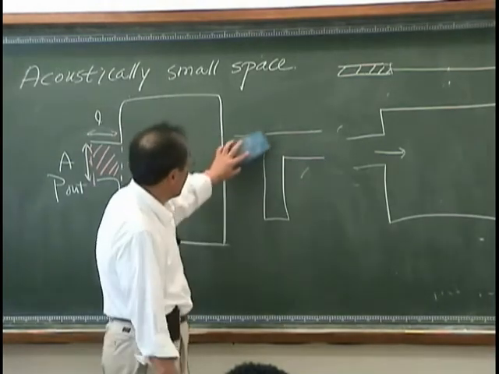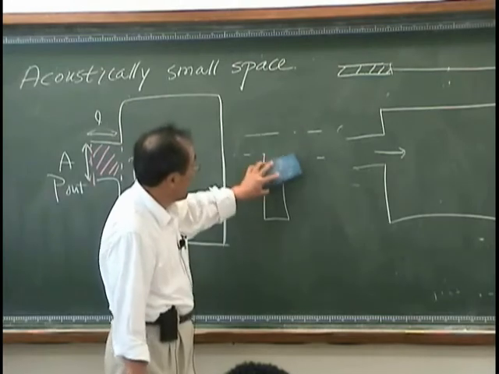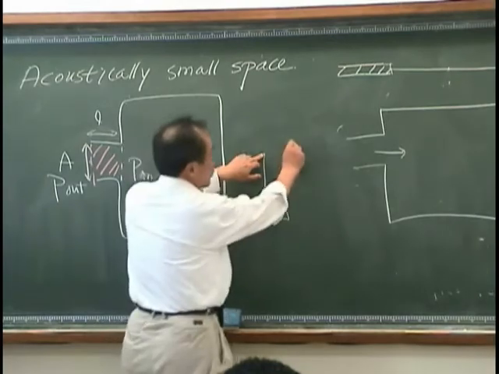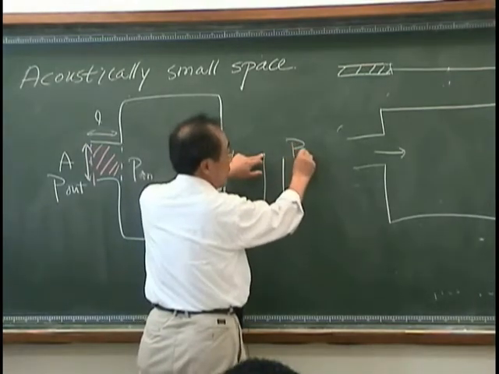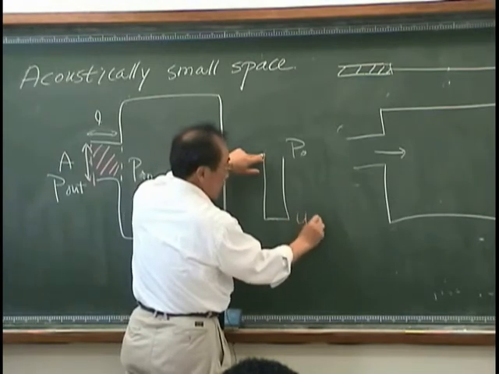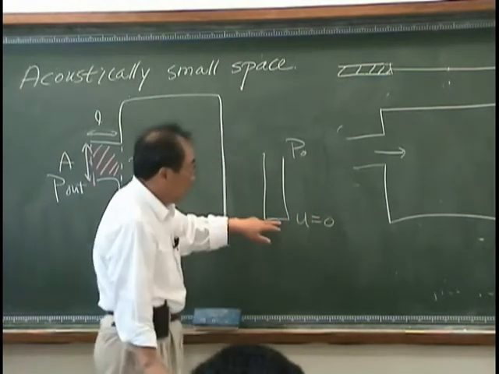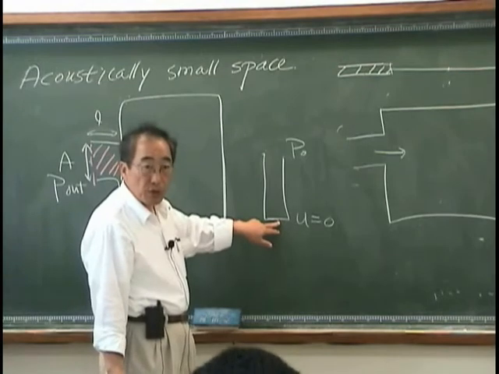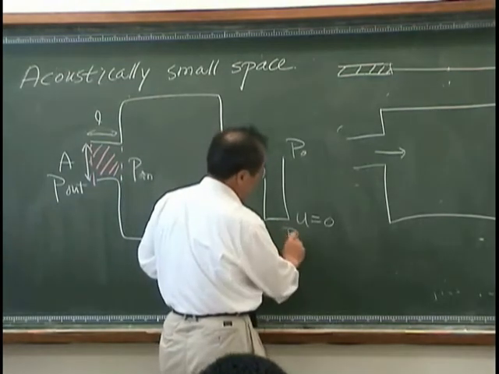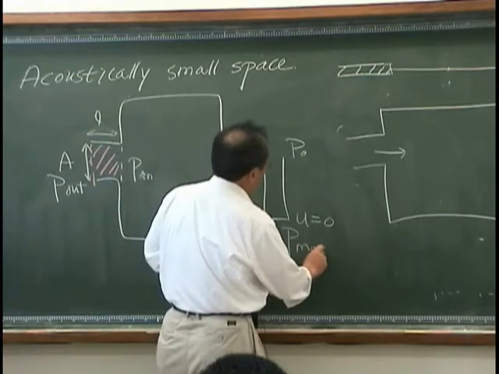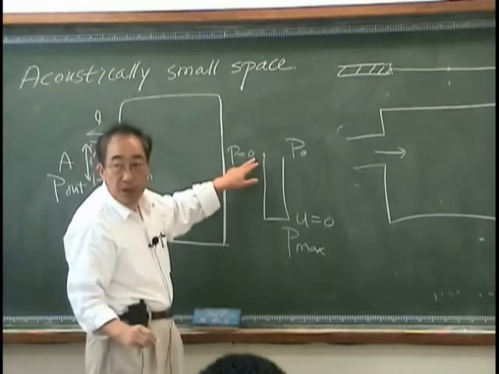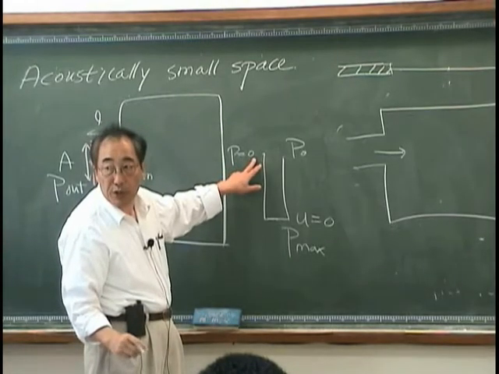So if you see the case, the pipe, when I blow it, this should be same as the ambient pressure, and the boundary condition over here is a rigid boundary condition. And pressure over here should be maximum. And pressure over here should be 0, meaning that equal to the ambient pressure.